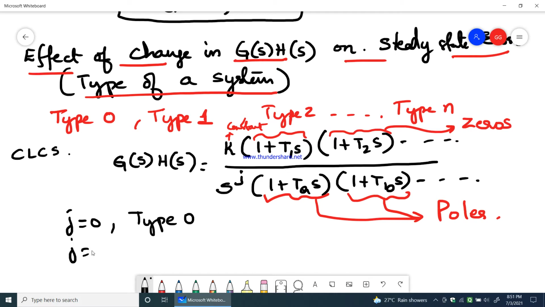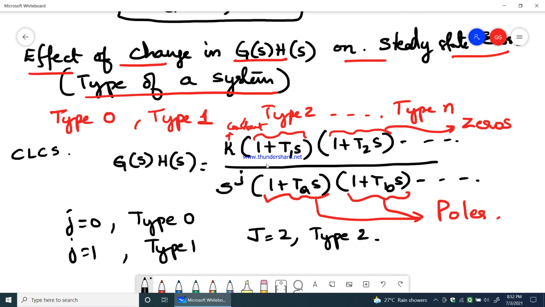When j equals 1, type 1 system. When j equals 2, type 2 system, and so on. The type of a control system which we consider completely defines its order.